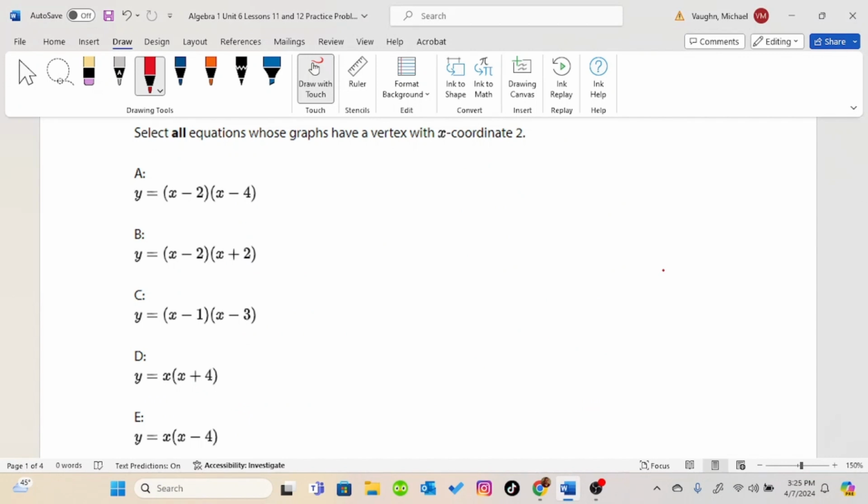Select all equations whose graphs have a vertex with x-coordinate 2. Option A, our x-intercepts: first we would need 2 because 2 minus 2 is 0.